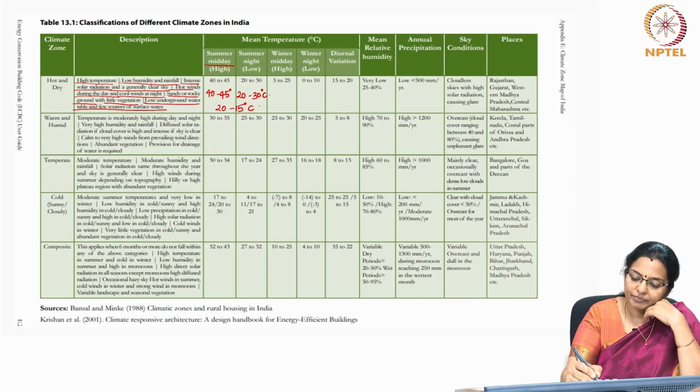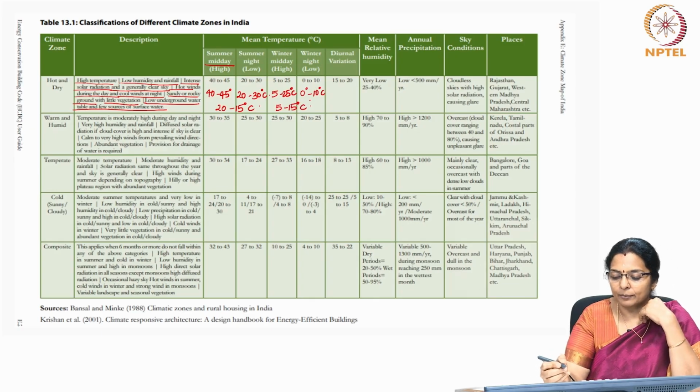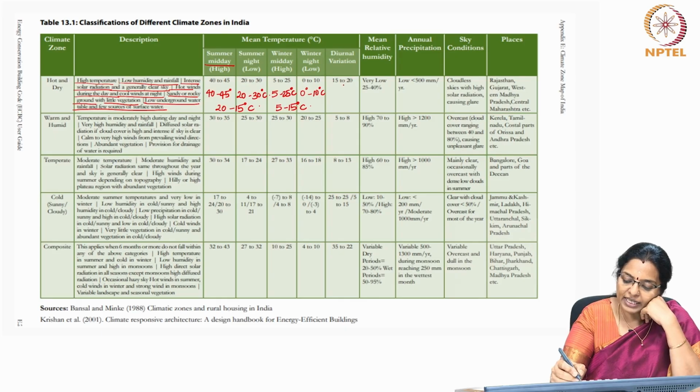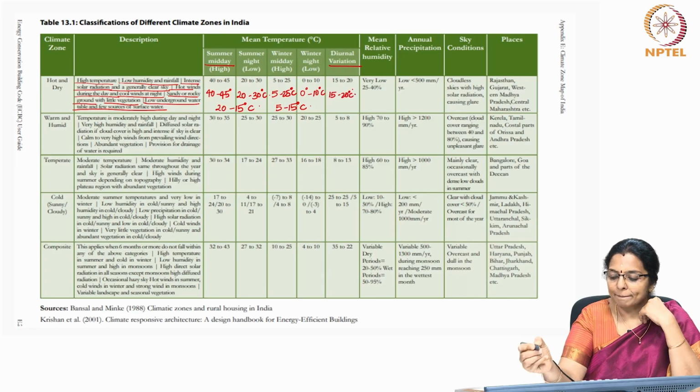Winter midday temperature ranges between 5 to 25 degrees centigrade and the low ranges between 0 to 10 degrees centigrade. So, diurnal variations are between 5 to 15 degrees centigrade in the winter. On an average, the diurnal variation is between 15 to 20 degrees centigrade.